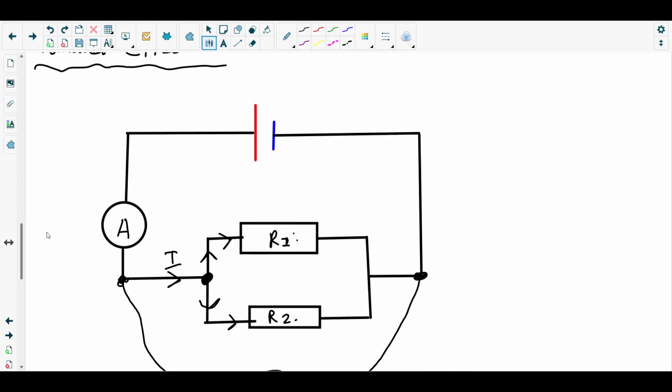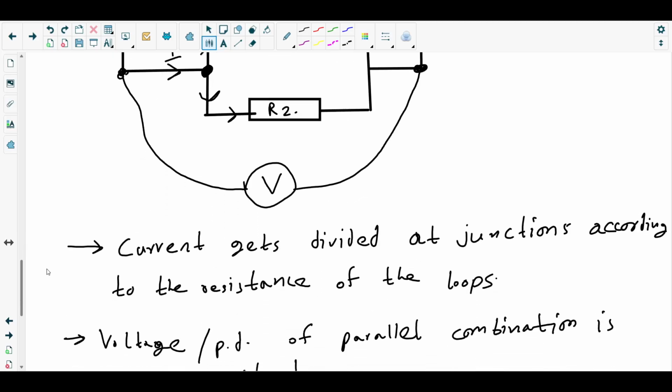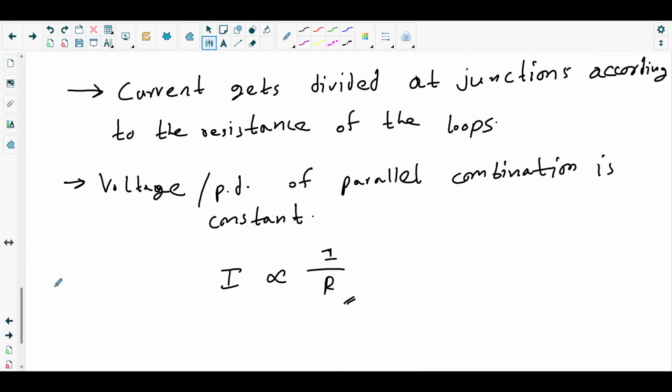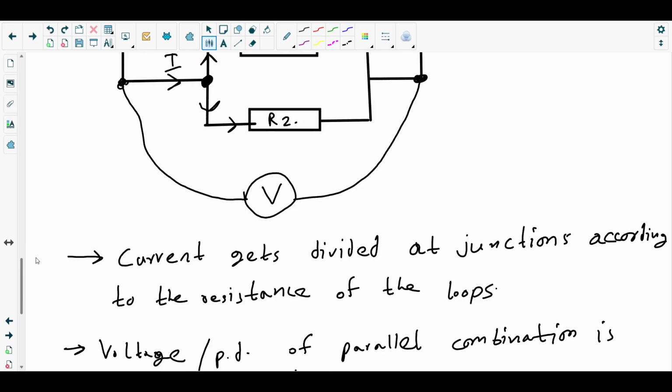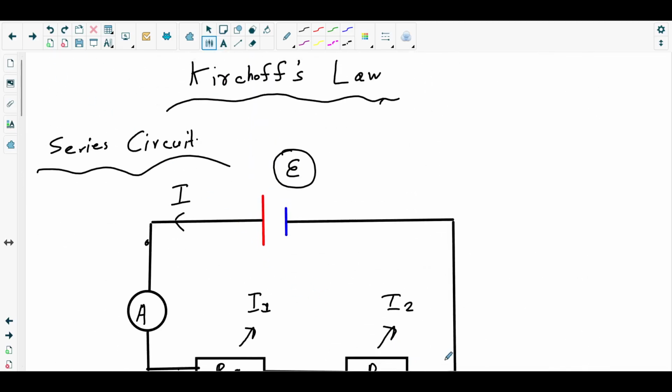This will be required when we discuss Norton's theorem, because in Norton's theorem you will need to apply the current division rule to figure out the current flowing through the load resistor. So that's all about Kirchhoff's law.